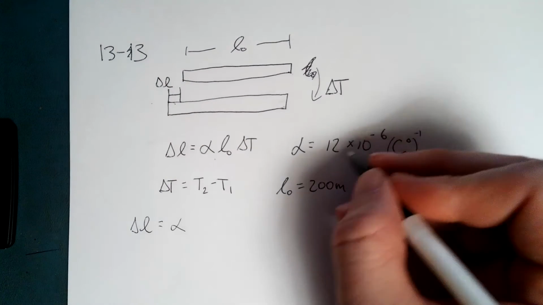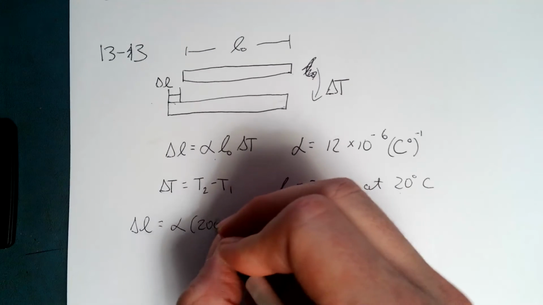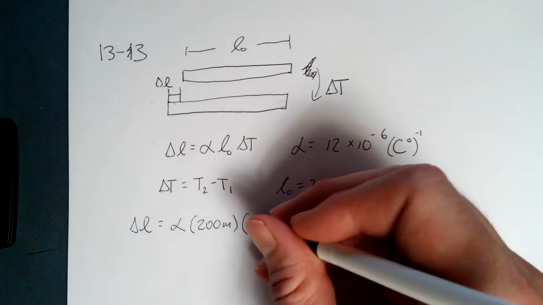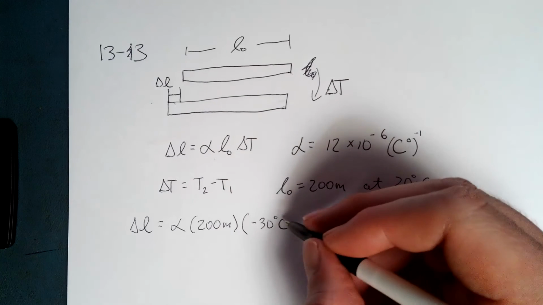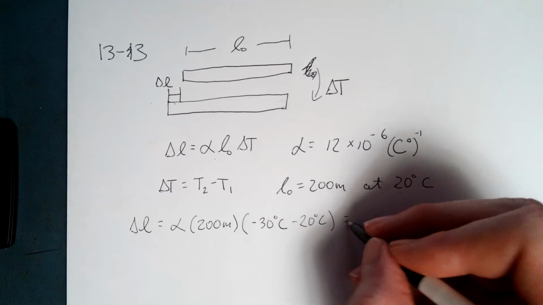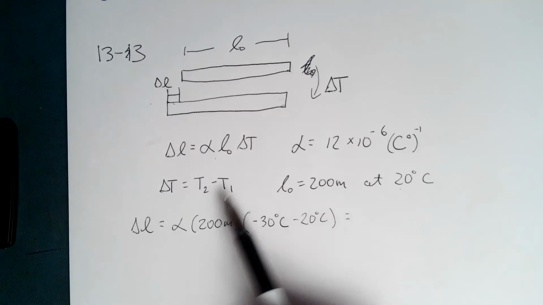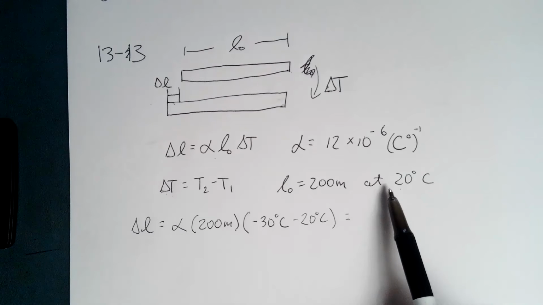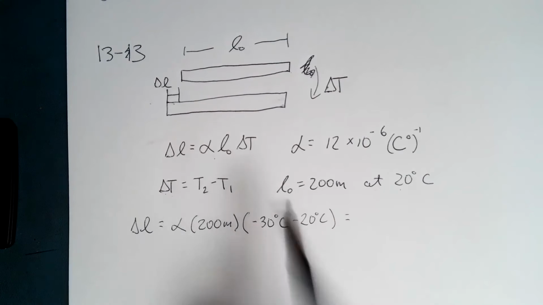Okay, I'm not going to rewrite out alpha. That's alpha right there. And then 200 for L naught, and T2 is final. So let's go to negative 30 minus 20. I will say for most of the stuff in this chapter, anytime it's a delta T, you can use Celsius, because delta T in Celsius is the same as delta T in Kelvin.